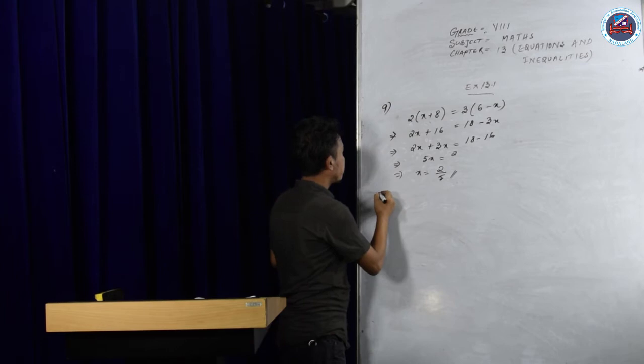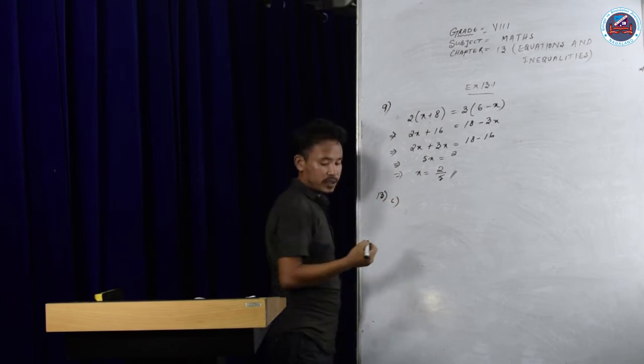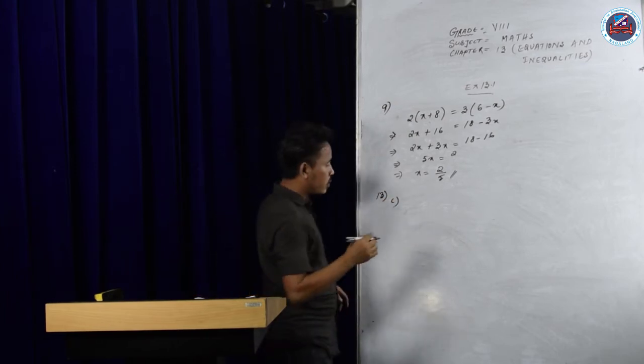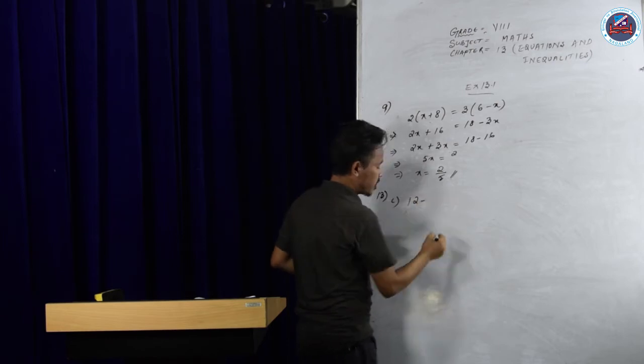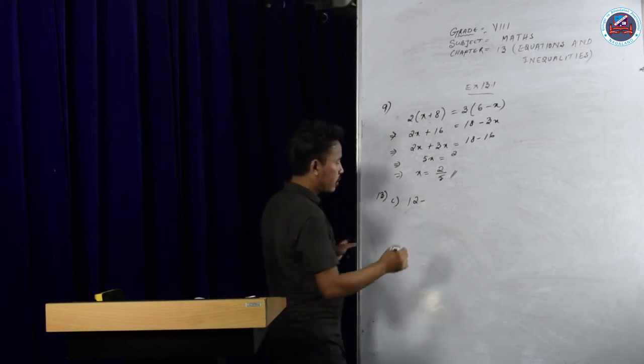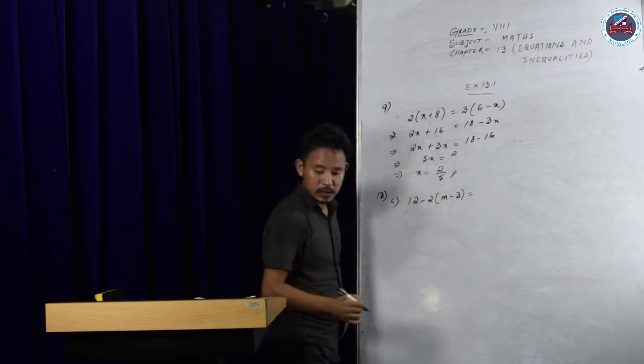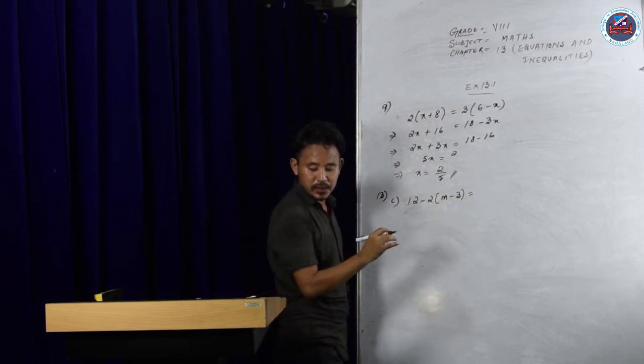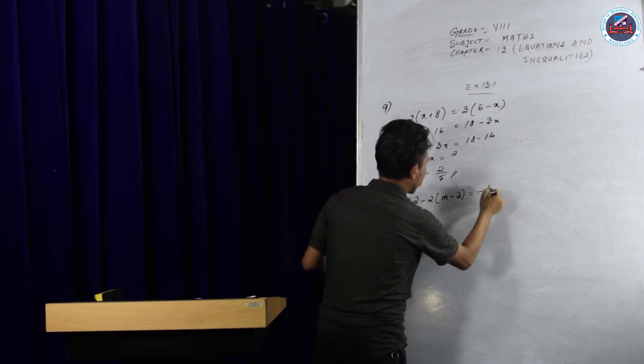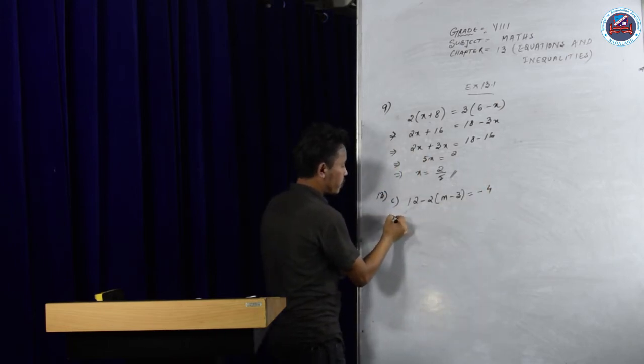I'll do C. Question number 13, C. That is 12 minus 2 m minus 3 equals 2 minus 4. Okay? Please make sure that you follow closely.